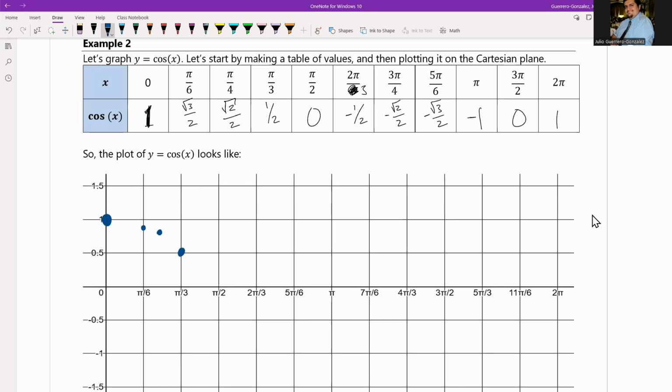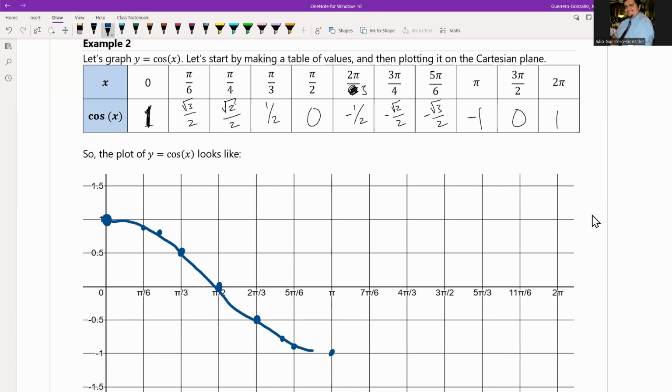And then pi over 2 is going to be 0, so that's going to be right there. 2 pi over 3 is going to be -1/2. 3 pi over 4 is negative root 2 over 2, so maybe about right there. 5 pi over 6, negative root 3 over 2 right there. And then at pi, it's going to be -1. Let's connect the dots.